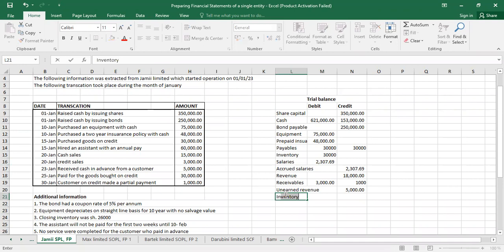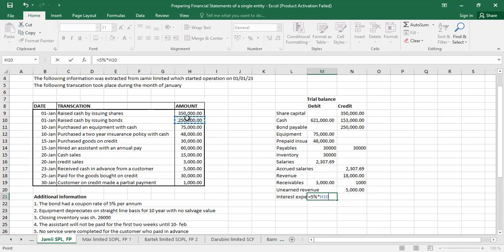So interest expense equals, so it's 5%, isn't it? So I'll just write 5%. You multiply by the bond that was issued, isn't it?